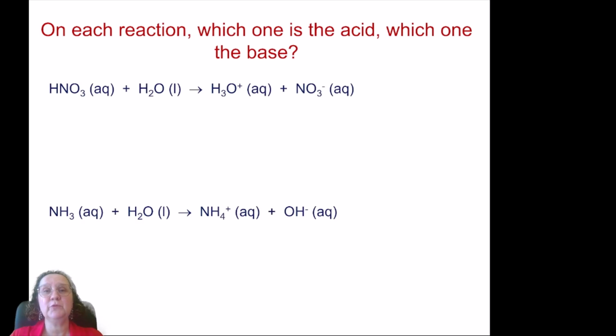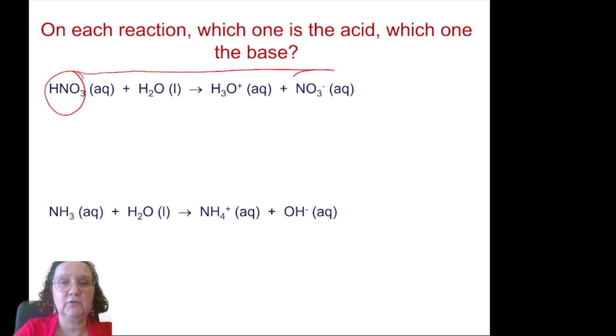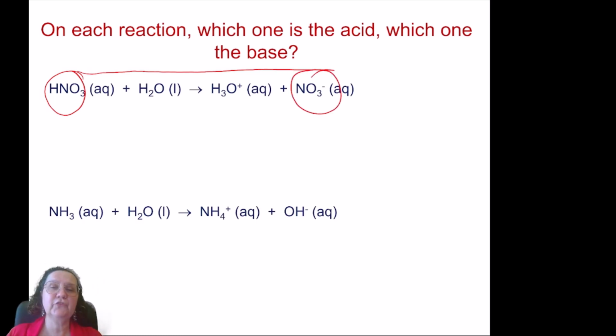I hope you stopped the video and had a go at the exercise. So if we look at the first compound, I didn't tell you the name before, but that's the structure of nitric acid, HNO3. So it is going to be the acid. And even if we didn't know that it was going to be an acid, if I track the changes that happen to the HNO3 from the reagent to the product, I will see that it has lost a hydrogen, but not a hydrogen atom.